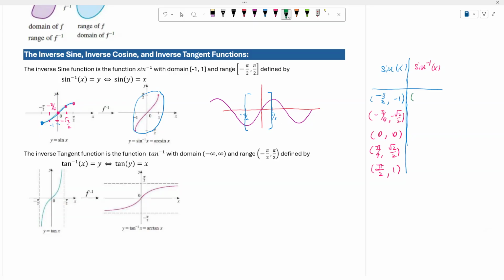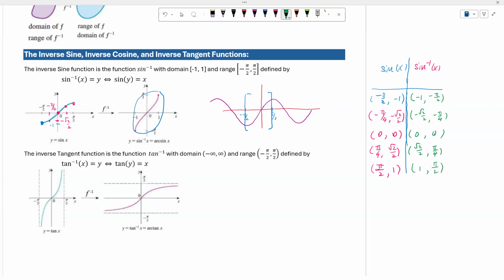So in this case, for the inverse functions, I will have negative 1, negative pi over 2, negative √2 over 2, negative pi over 4, 0, 0, and then √2 over 2, and then pi over 4. And then I have 1, pi over 2.